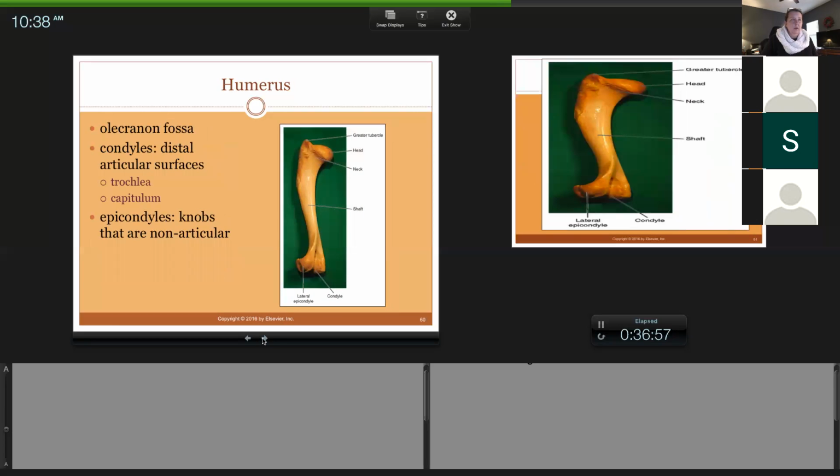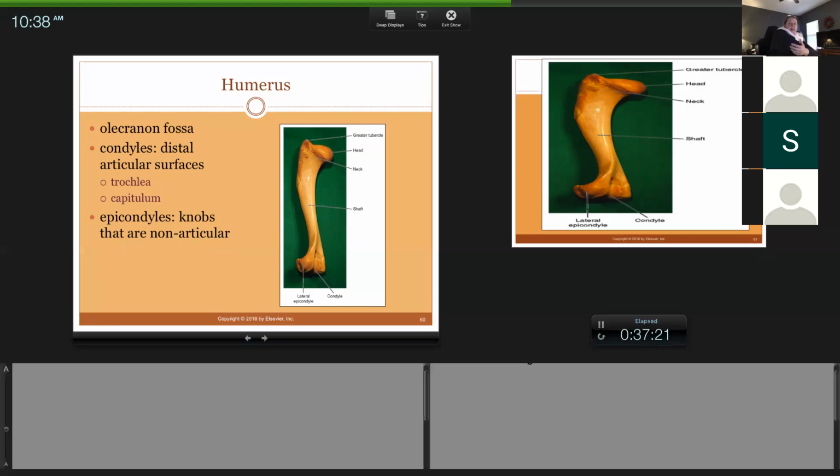Okay. Now, if we look at something called the olecranon fossa, and it's not a great picture because it's in the back. In the back, there is a divot or a fossa.